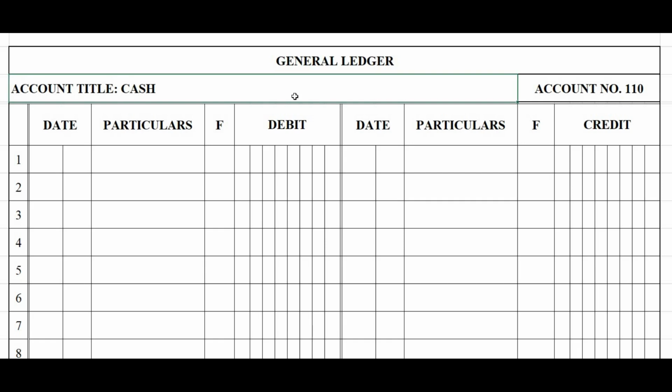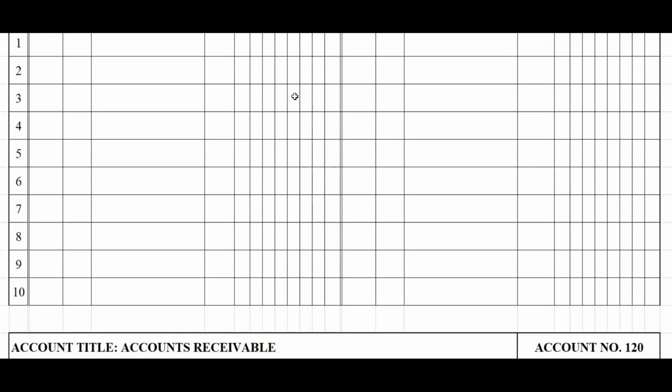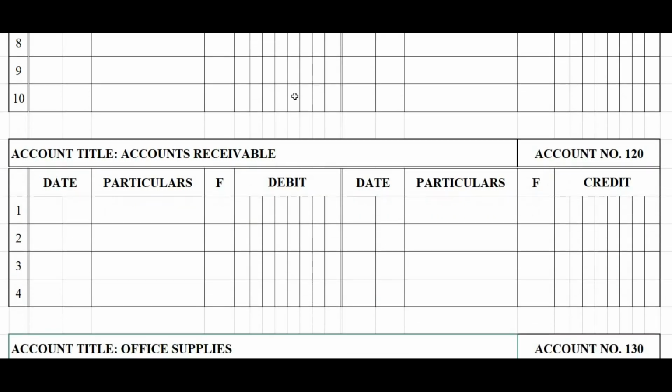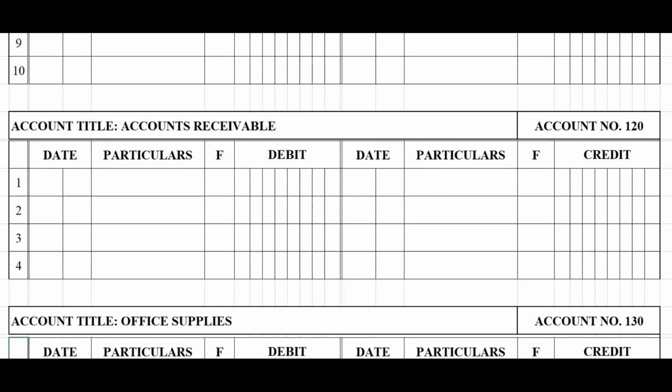So I have here cash. Then accounts receivable. The account numbers here, I just assumed and assigned to each of the accounts.